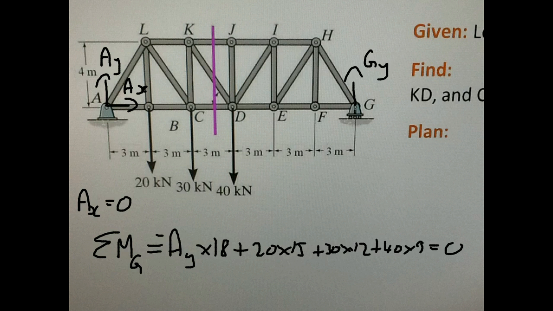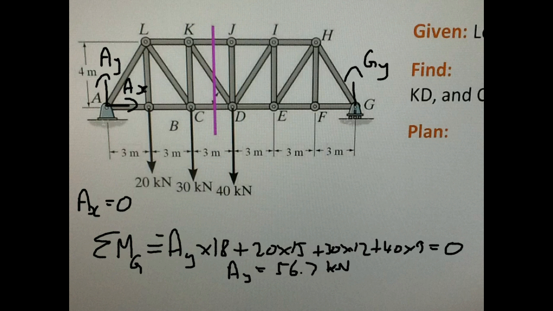That all has to equal 0 for equilibrium. Therefore AY is equal to 56.7 kilonewtons. That gives us the external reaction force AY.